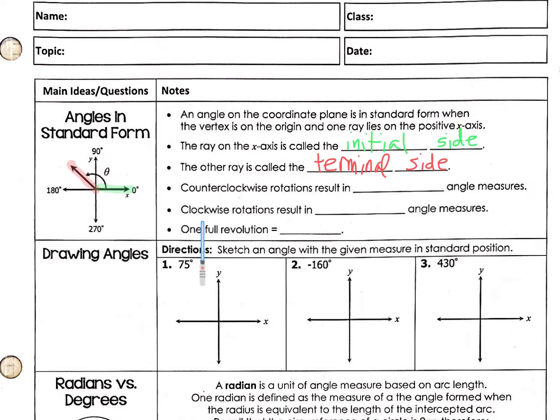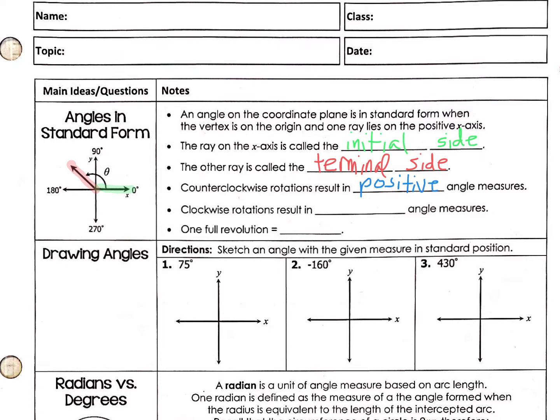And then, as I said earlier, typically we're going to go counterclockwise. And so from here we go against the clock. So to the left is typically how we find our angles, but you can go clockwise. If you go counterclockwise against the clock, your rotations will result in positive angle measurements.